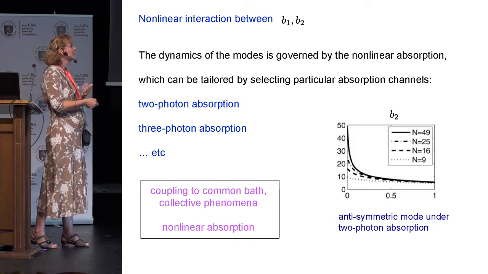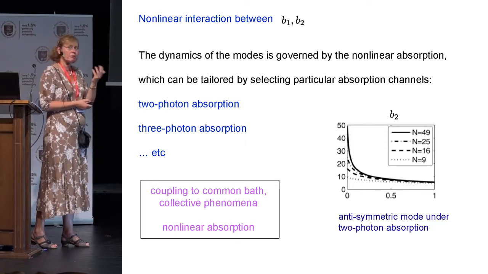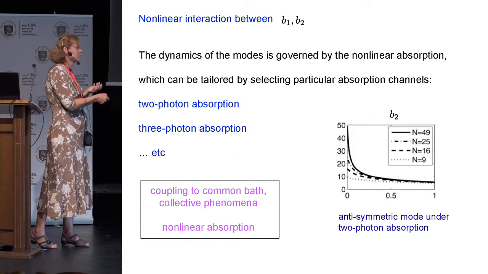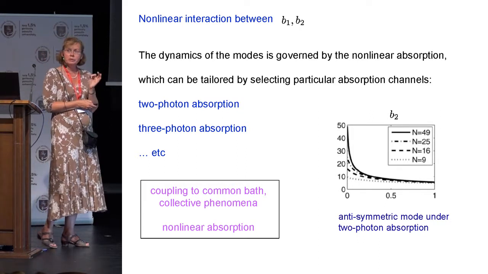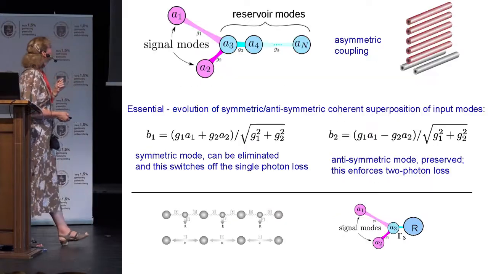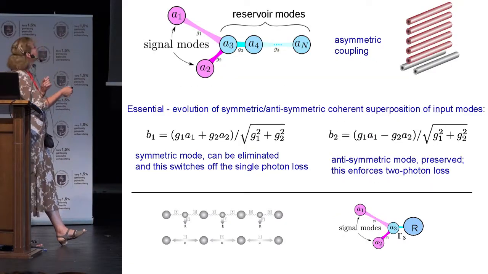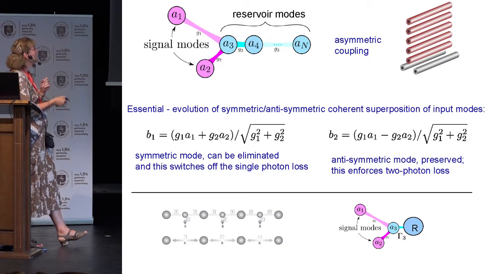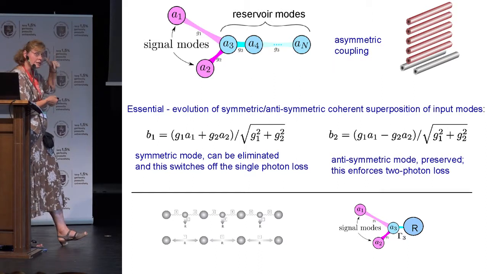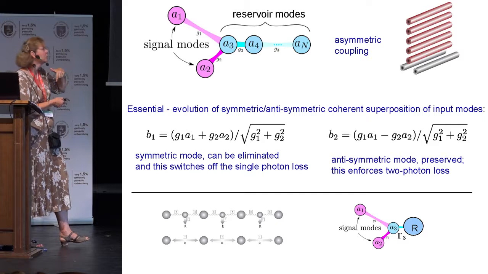So we are not expecting that in a realistic system we will ever get to a single photon, but we expect to have very good sub-Poissonian statistics. So what we do is take our waveguide with the same modes, and the asymmetric mode is eliminated, and this switches off the single photon loss.